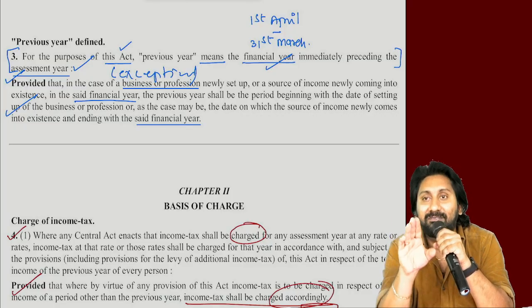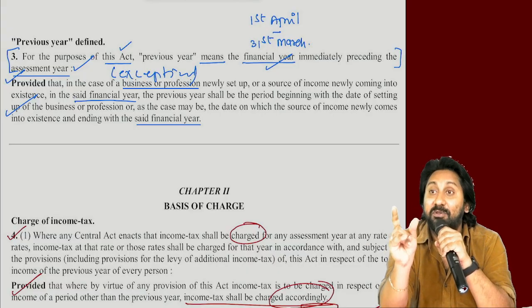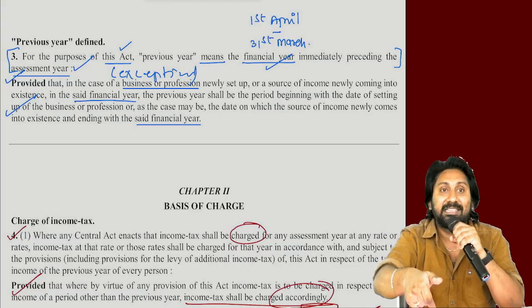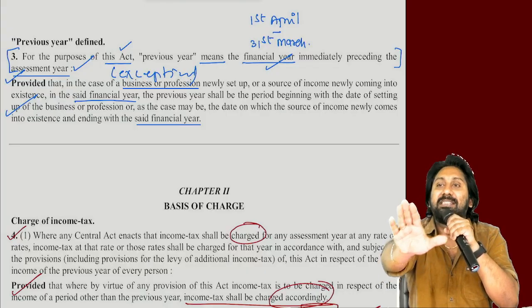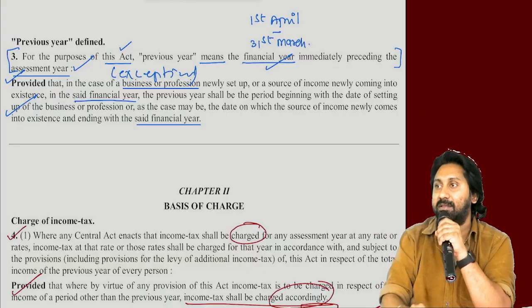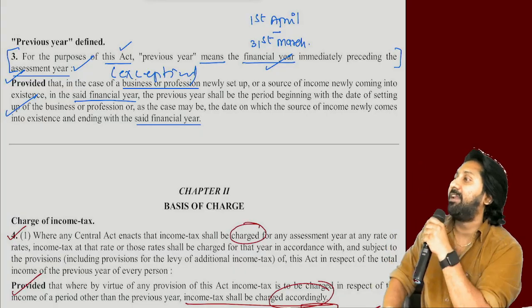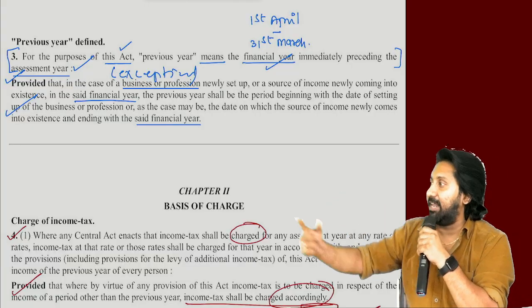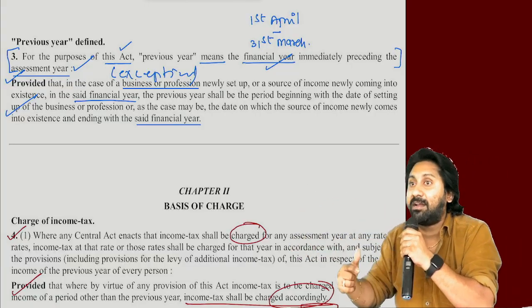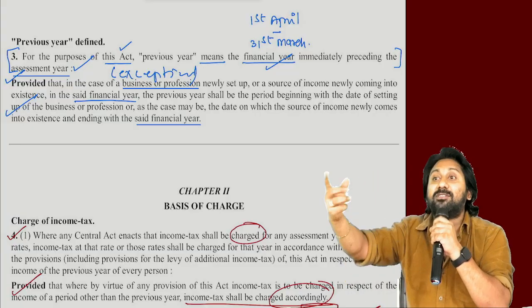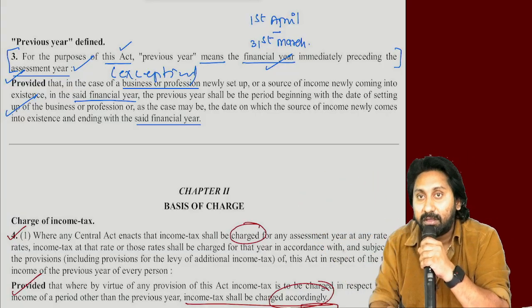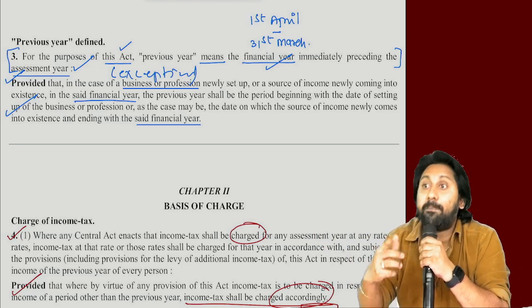Therefore, such controversies will come. Therefore, they clearly said that assessment year, unlike previous year, can't be 3 months or 4 months. Assessment year is a full 12 months. Do you understand my point or not? For example, if I tell assessment year is a year succeeding the previous year, what impression will people get? Oh, like the previous year, here also there is a chance of a part year.